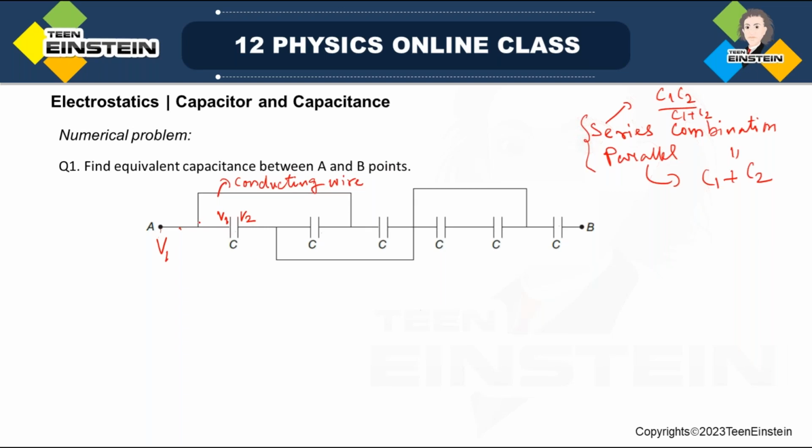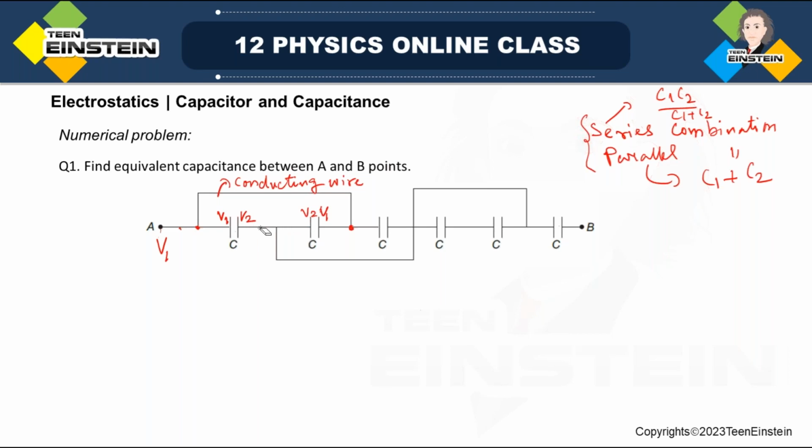Now look, this conducting wire is taking some potential through this and connecting here. That means this second plate is at potential V1, because this conducting wire does not drop any potential. Wherever it connects, it takes the same potential. Now this conducting wire goes all the way up to here, so this will be at potential V2.